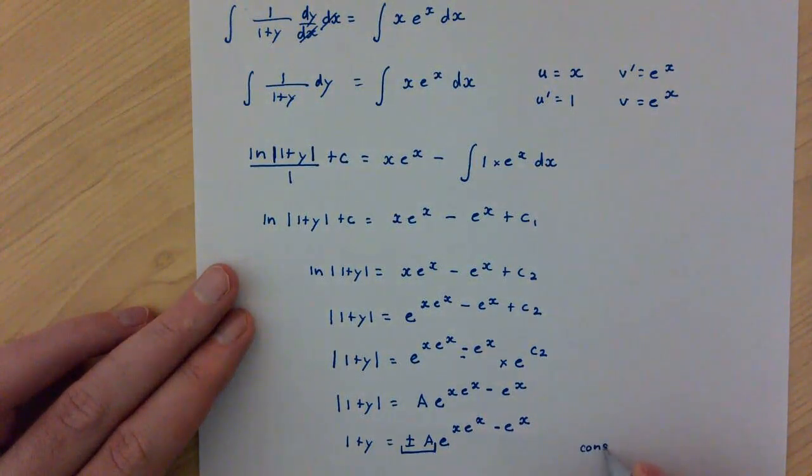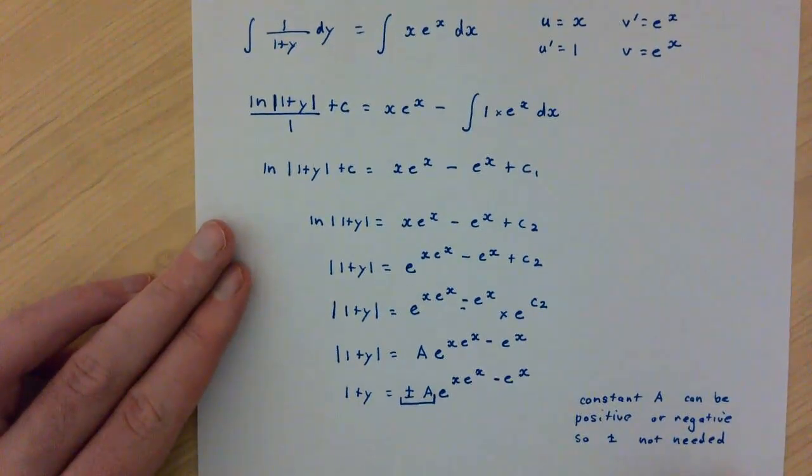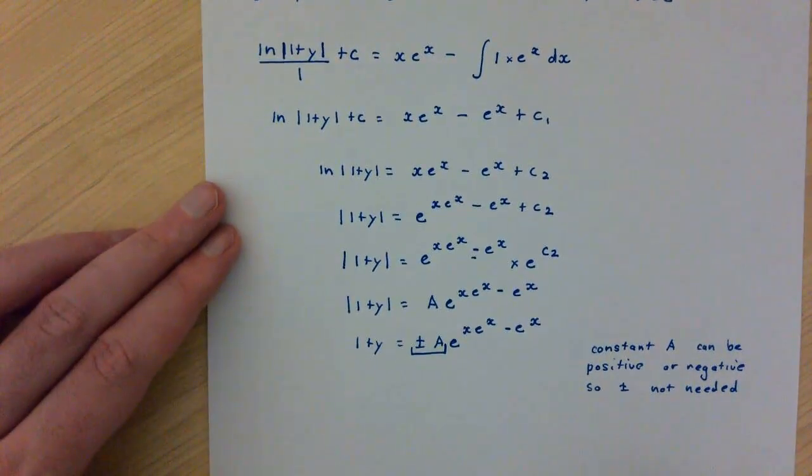So constant a can be positive or negative, so the plus or minus is not needed. It's just absorbed into the a because that a can be plus or minus, so that takes it into account.